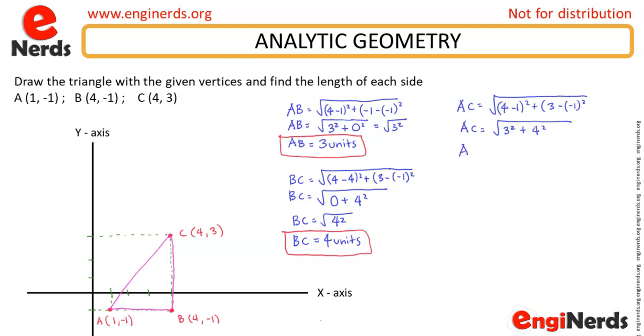So, AC is equal to the square root of 9, okay, plus 16, which is equal to the square root of 25, and AC is equal to 5 units. So, this is our final answer on this particular question. So, proceed na tayo sa next problem natin.